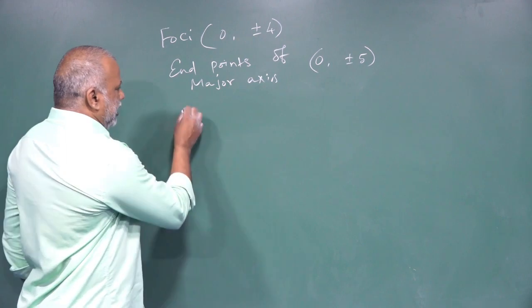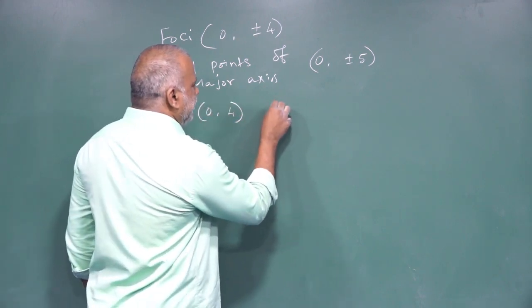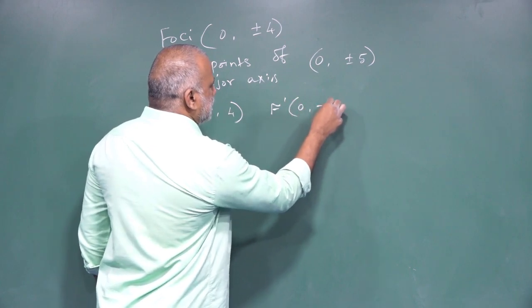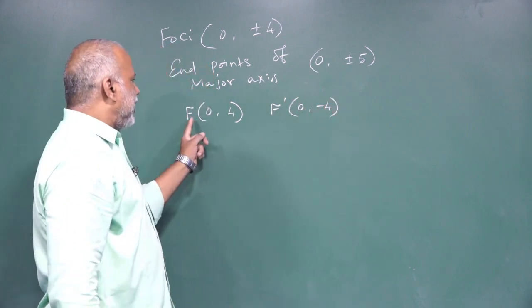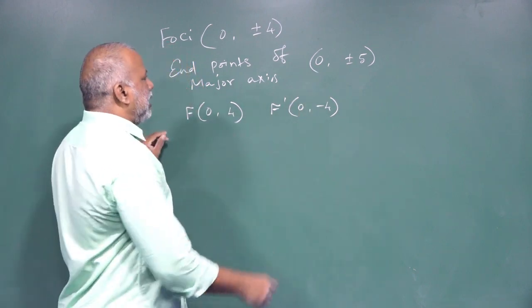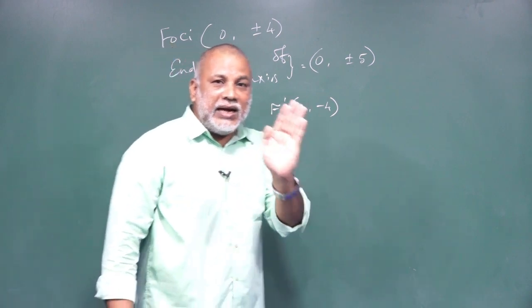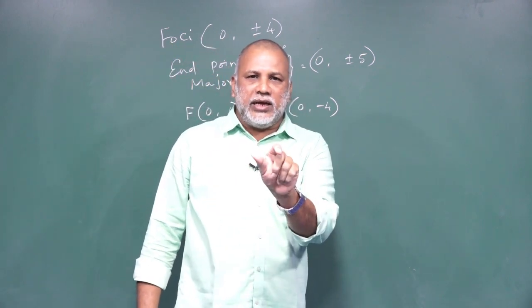Foci. What is the meaning of foci? F 0, 4 and F dash 0, minus 4. What is the meaning of endpoints of the major axis? See, A and A dash are called endpoints.